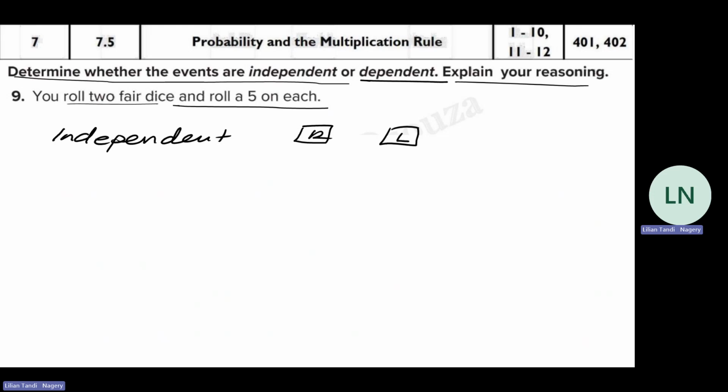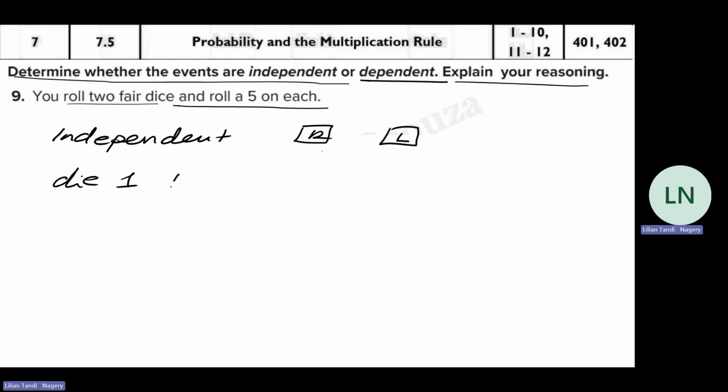You throw them at the same time. Whatever you get on the left has nothing to do with whatever you get on the right, and vice versa. So independent. Okay? Die 1 has nothing to do with die 2. They are independent.